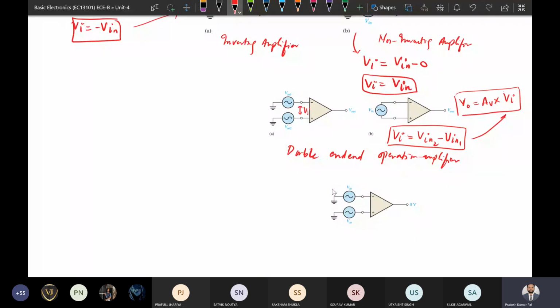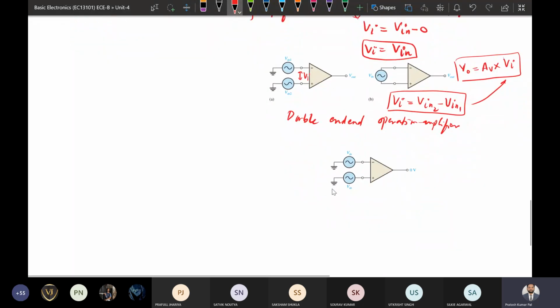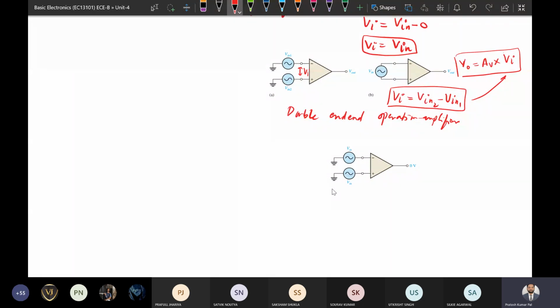Another one is this one, which is called the common mode operational amplifier. Common mode means both the inputs are applied with the same input voltage. So V input is here and V input is here. If this is the case, it is called common mode.